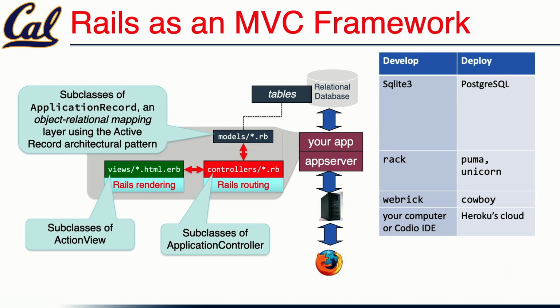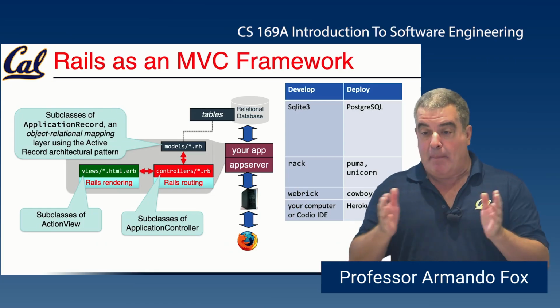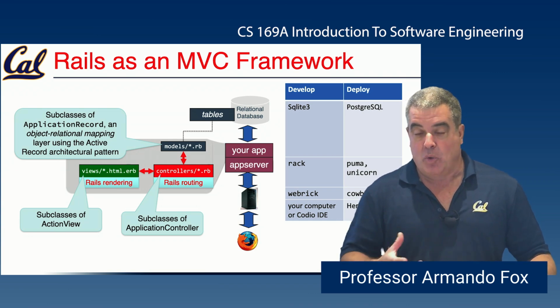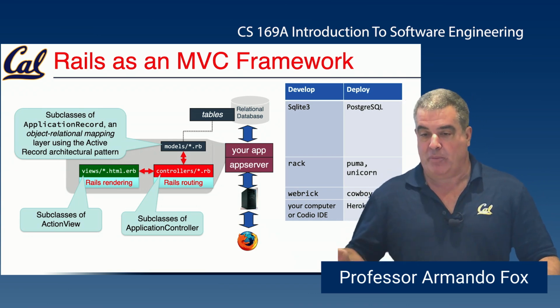So the software organization stays exactly the same from your point of view. The hardware deployment environment can be quite different. And when we talk about the notion of environments in Rails, one of the reasons that Rails as a framework reifies the concept of a deployment environment is because sometimes the app needs to make different choices internally depending on where it's deployed. So we'll talk about that more as we talk about deployment and testing.